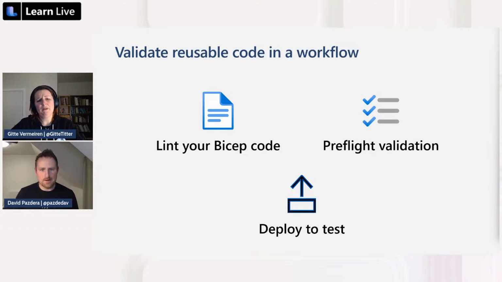When you do the deploy to test step in your workflow, common sense would be that after you've deployed it to test and tested some things out, you also destroy it again, right? This is about publishing the reusable artifacts.